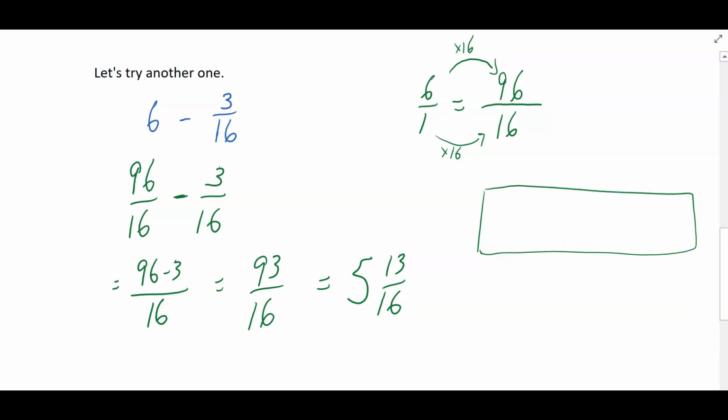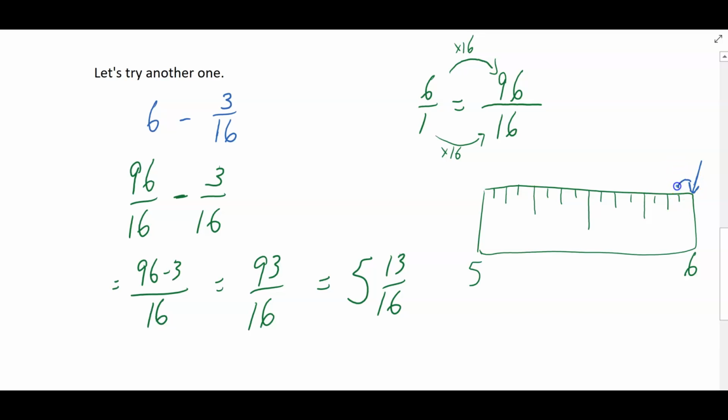If we are here at 6 and say this is 5, here's my half, my quarters, my 8ths, and my 16ths. We are at 6 right here, and we want to subtract 3/16.